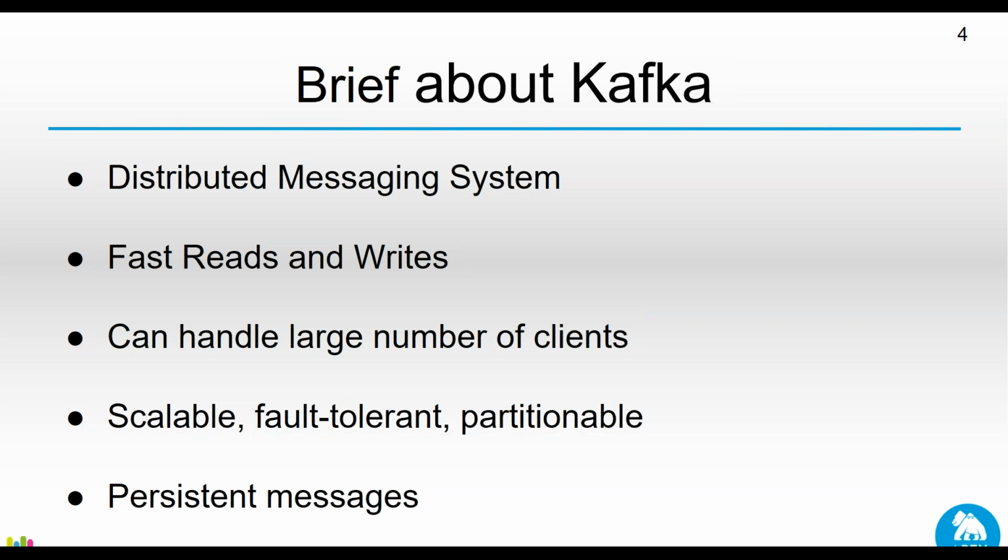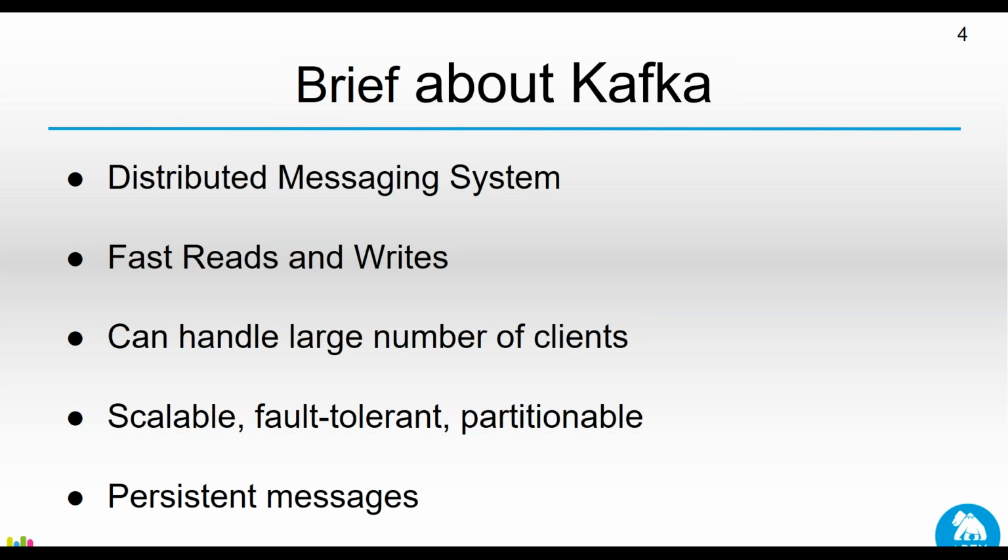Effectively, in the background, it's a write-ahead log which is being written into a queue, where each piece of data that is written, which is read as a message, has a key, and all these keys are attached to a particular category called a topic. In the next slide, I'll talk a little bit about that.